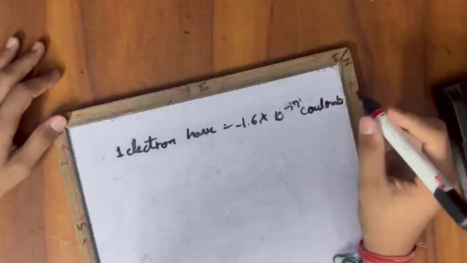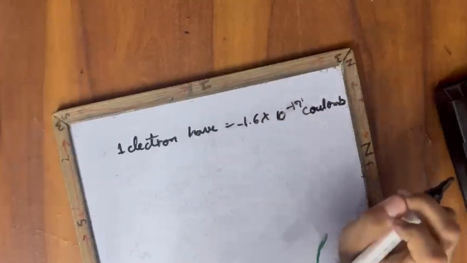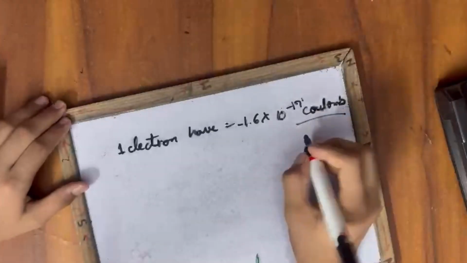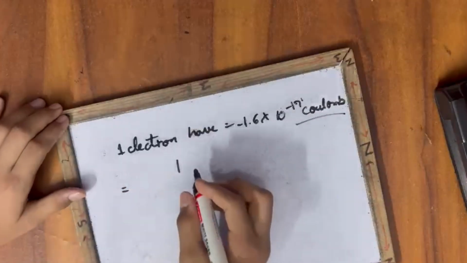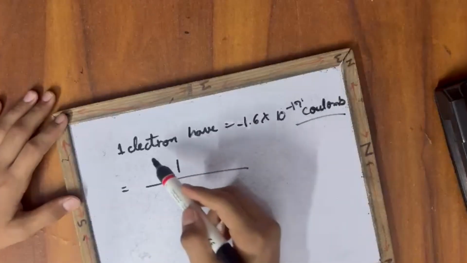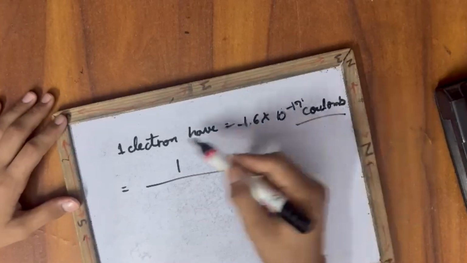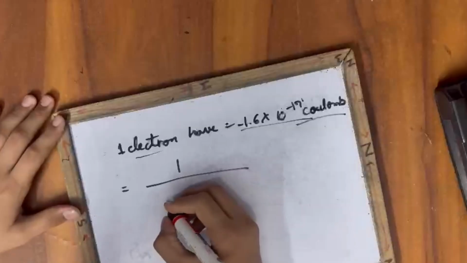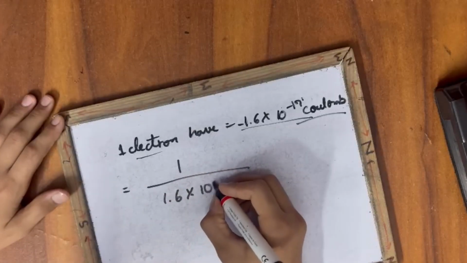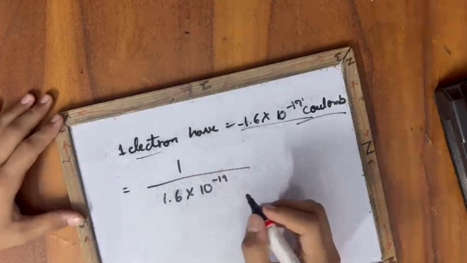To find out how many electrons there are in 1 coulomb, we divide 1 coulomb by the charge of one electron, 1.6 into 10 raised to power minus 19.